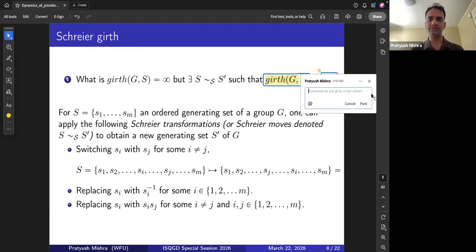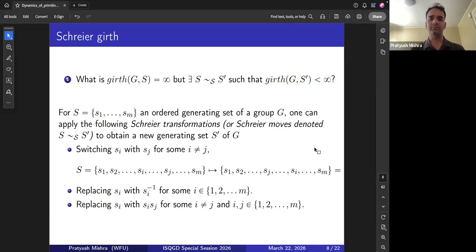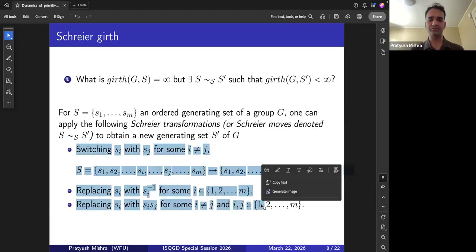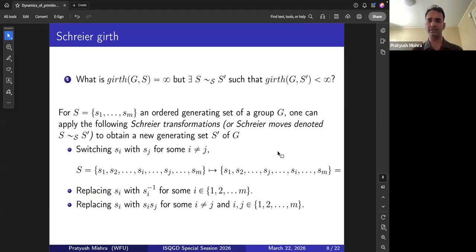By Schreier transformations, I mean the generating set that we obtain by these three moves: switching the generating set, replacing Si by Si inverse, or replacing any Si by SiSj. They do not really change what the set generates; as a group, it still generates the same group, but the generating set changes.